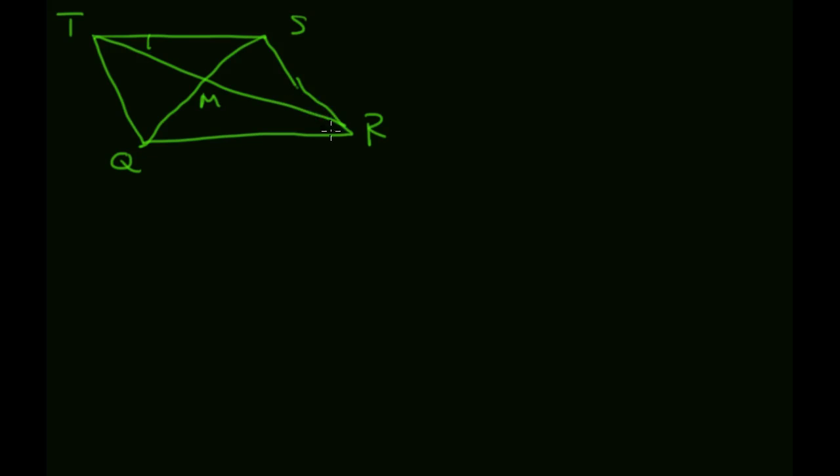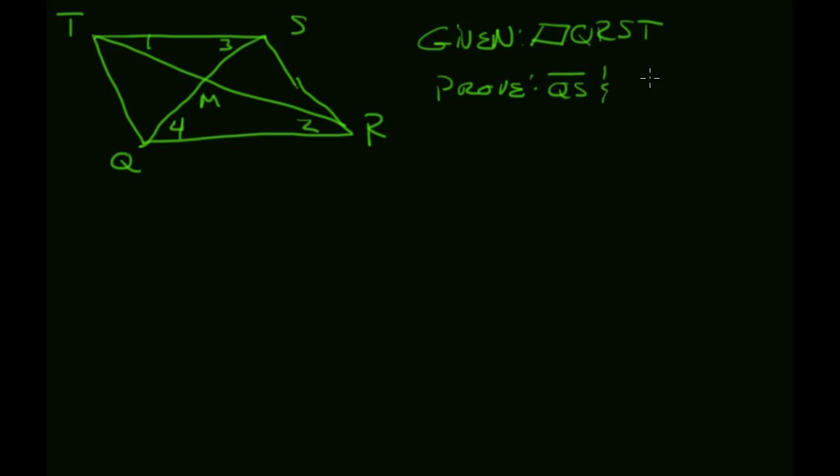We'll call this one angle 1, angle 2, angle 3, and angle 4. And what we want to do is, if we're given this parallelogram, let's call it QRST, we want to prove that QS and TR bisect each other.